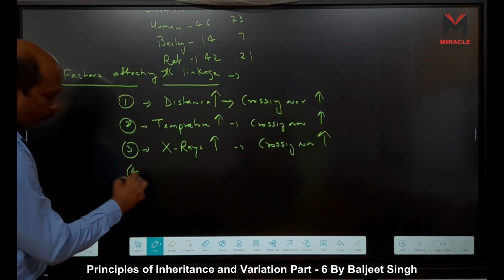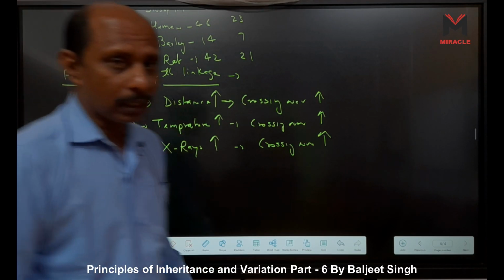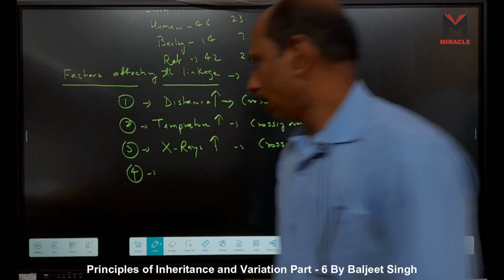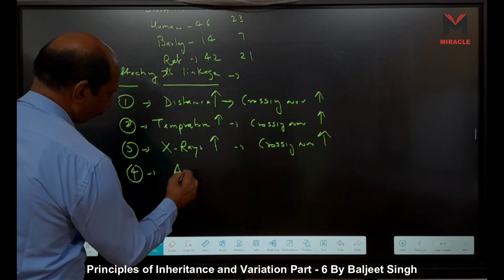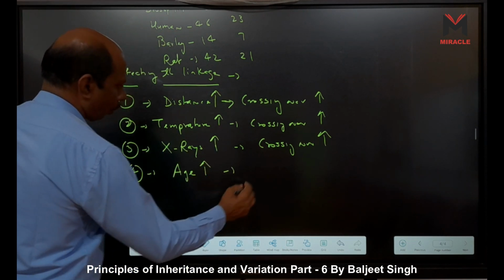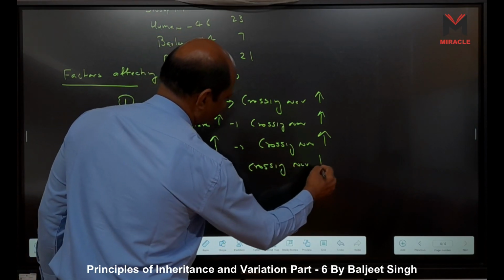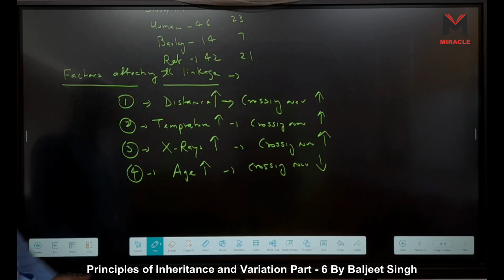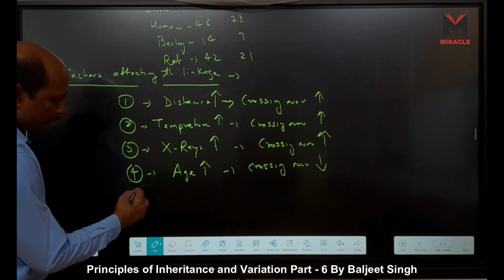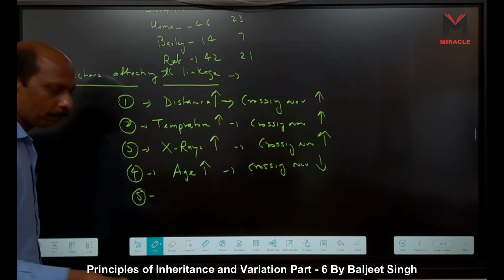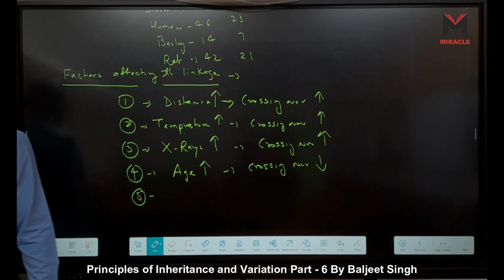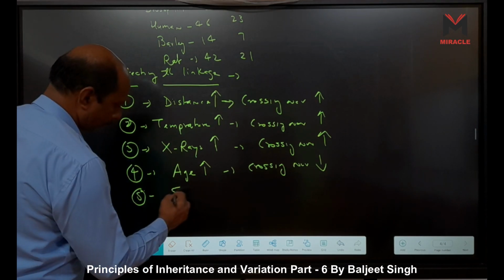Age: older age means less possibility of crossing over, right? Age increases, crossing over decreases, just the opposite. And the fifth one is male or female, we can say the sex.